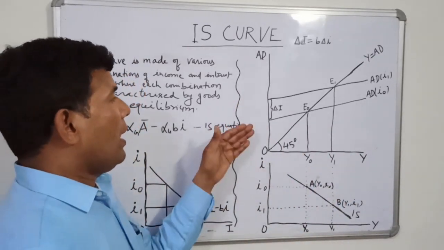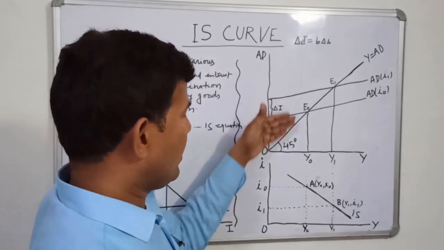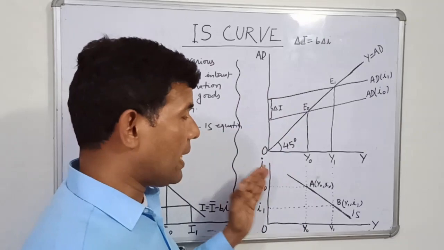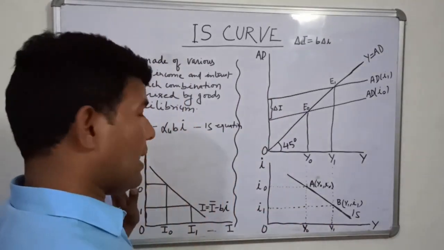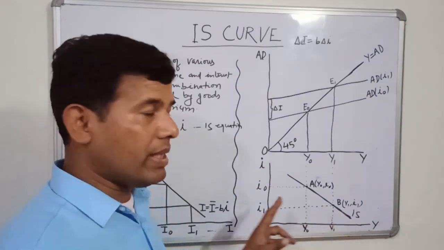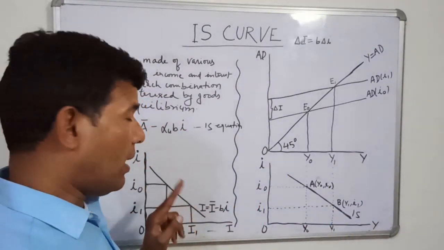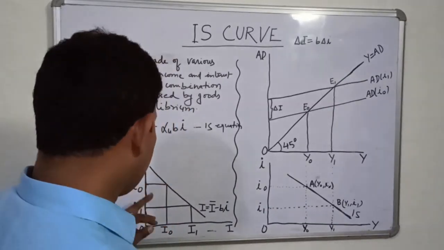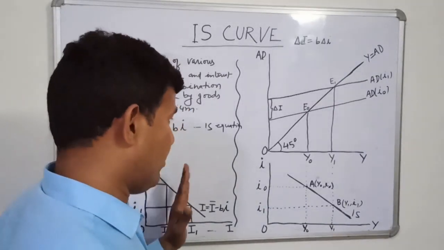Now here there are two diagrams. They are the main diagrams which are used to derive the IS curve. This is the additional diagram you may not draw when you are deriving the IS curve. It is mainly for making you understand the relationship between interest rate and investment.